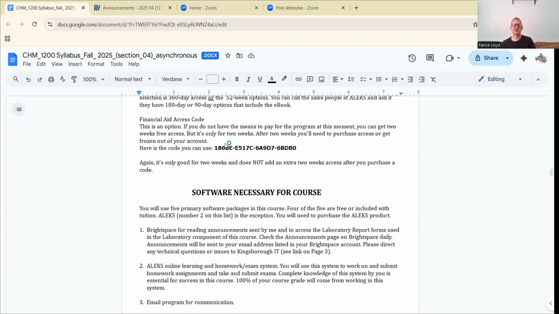It changes every year. If you need a few days before you can get the cash together, here's a 20-digit code called the financial aid code. That will give you 2 weeks access. You can do everything in the course for 2 weeks. At 2 weeks, it will lock you out and say you haven't paid, you've got to pay. It doesn't erase the data.